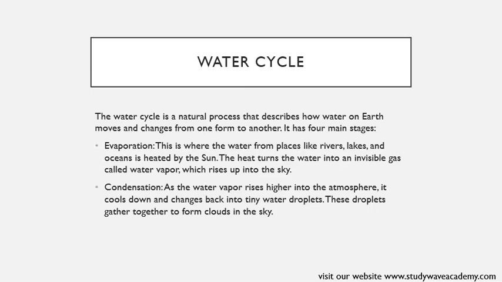As the water vapor rises higher into the atmosphere, it cools down and changes back into tiny water droplets, gather together to form clouds in the sky. As the water vapor rises, it cools and changes back into tiny water droplets. These droplets come together to form clouds.